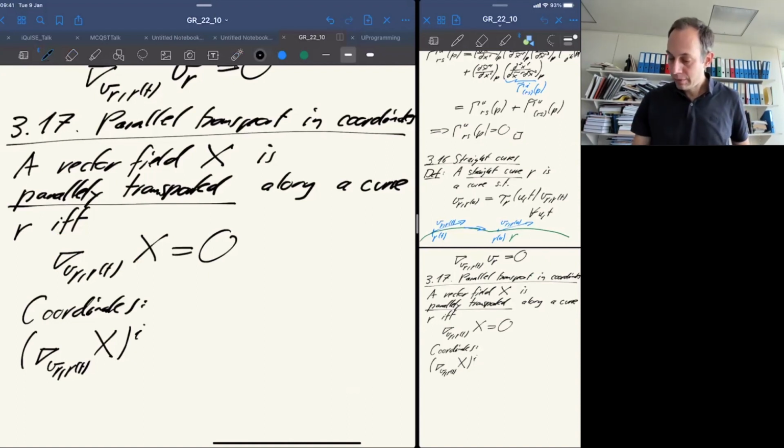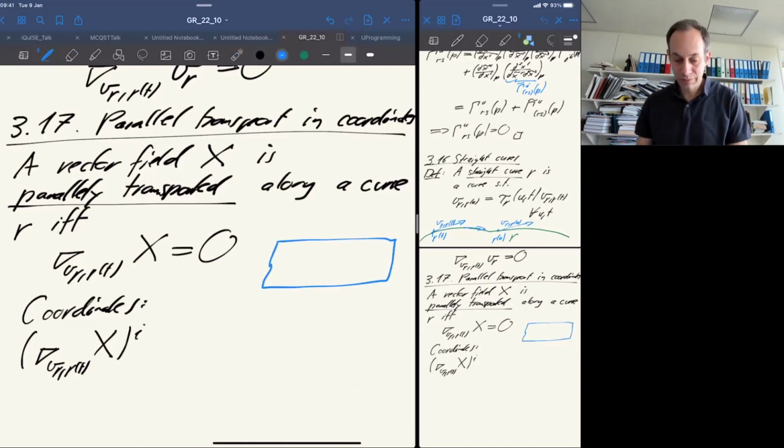Maybe I should briefly remind you of something here in a little box, just to make sure you are still aware of it: the velocity vector along a curve at the parameter value t we sometimes write as an abbreviation as gamma dot^k d/dx^k.